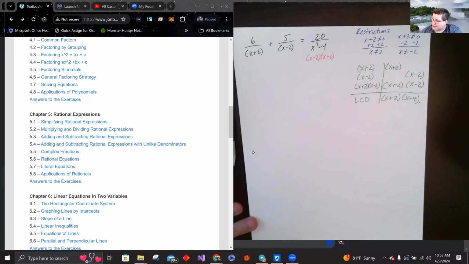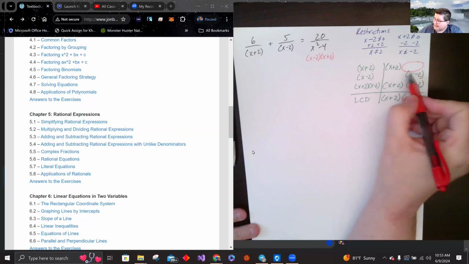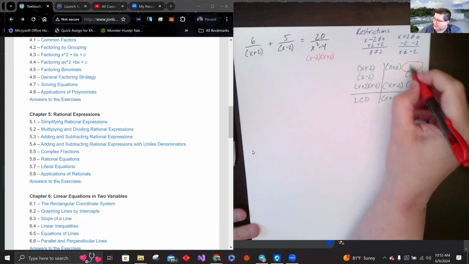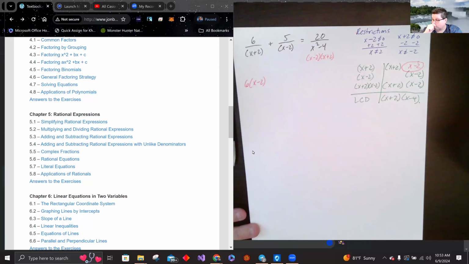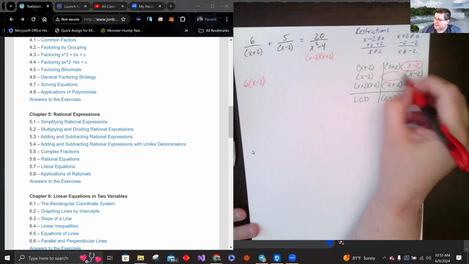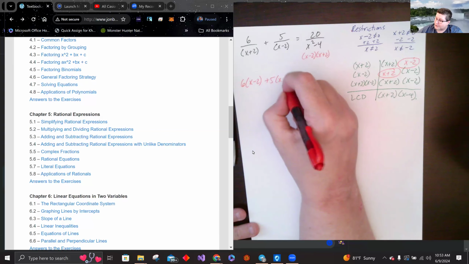If you follow my shortcut method, the x plus 2 denominator is missing x minus 2. So this ends up being 6 times x minus 2. The denominator with x minus 2 is missing x plus 2. So that ends up being plus 5 times x plus 2.